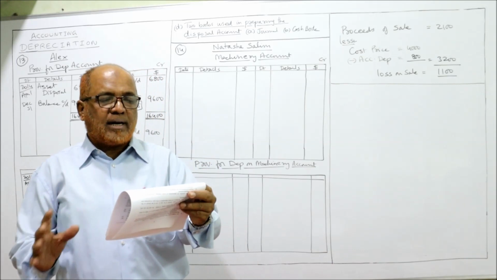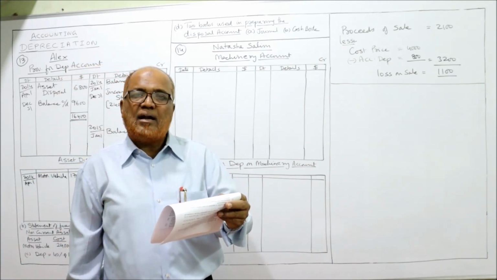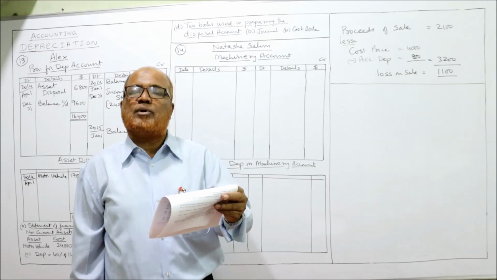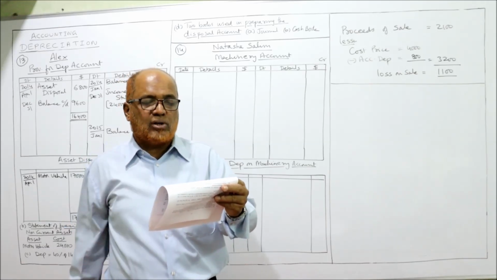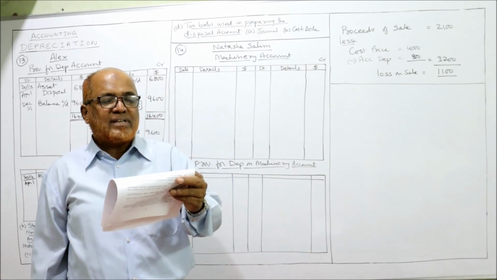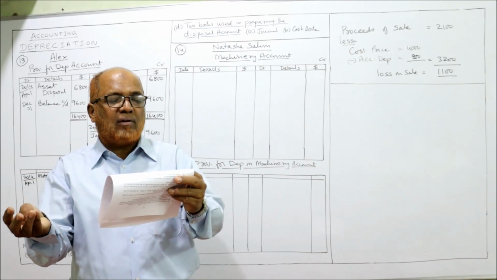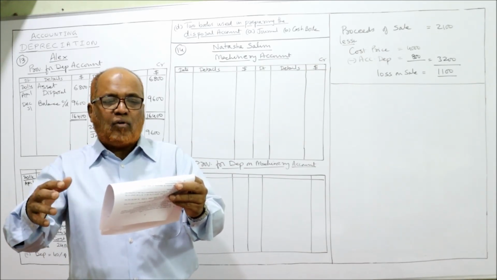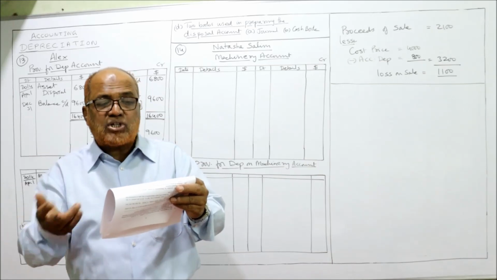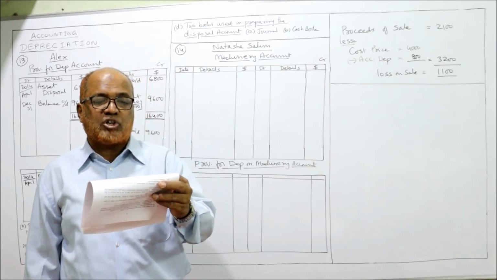So this sole trader Natasha Salim has started a business on 1st October 2013, and on that date she purchased a machine for $4,000. On 1st January 2014, that means October, November, December, January, within 4 months, she purchased another machine for $6,000 on credit from ABC Machines.